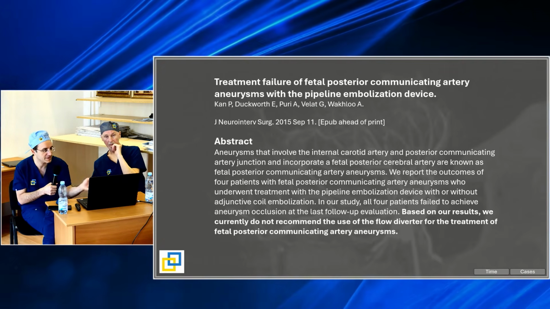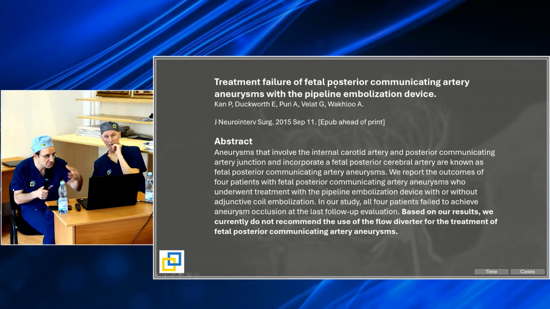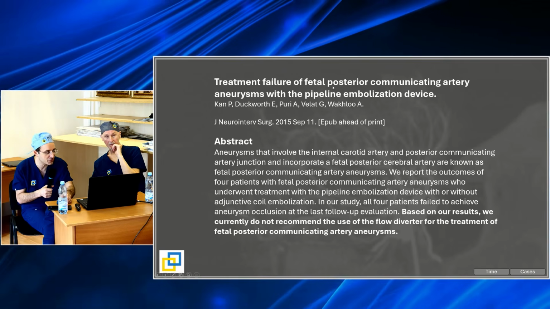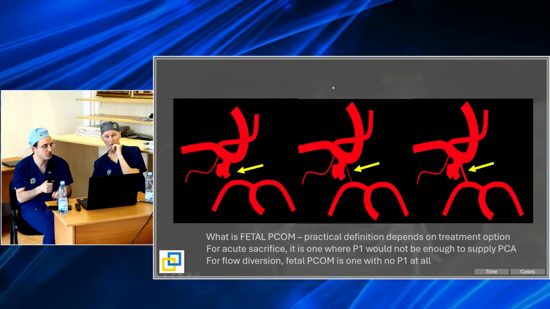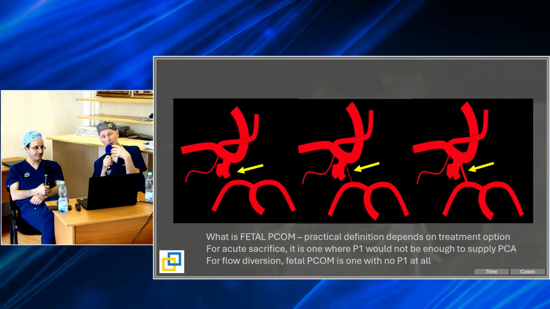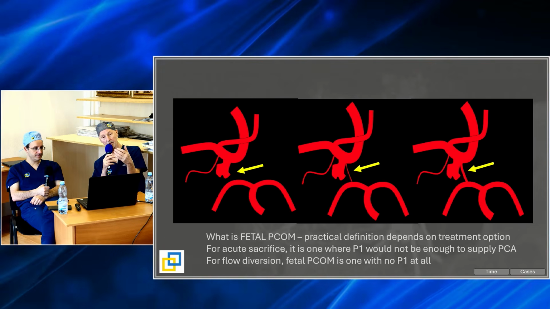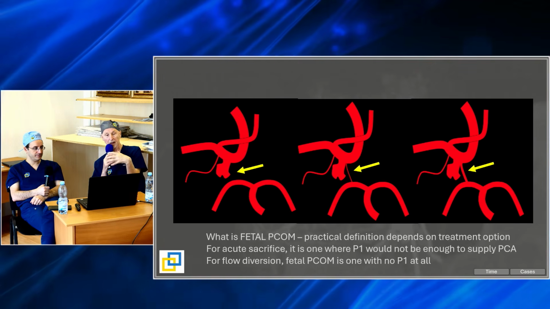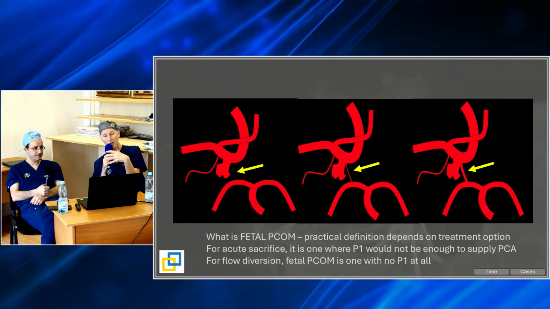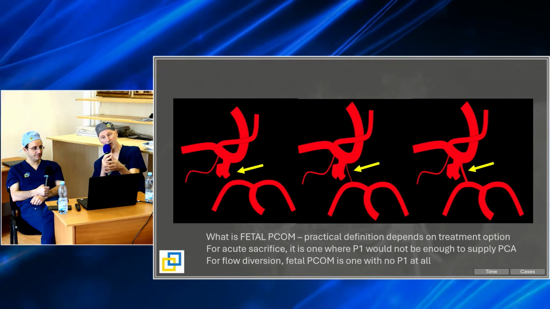This is, again, one of Kim's cases, and this is an article about reduced efficacy of flow diversion with a fetal posterior communicating artery. So how can we address that? Well, now you need to go back to your embryology. When you think about how vessels develop, there's tremendous variation in the circle of Willis.